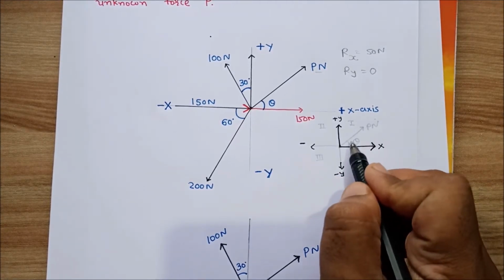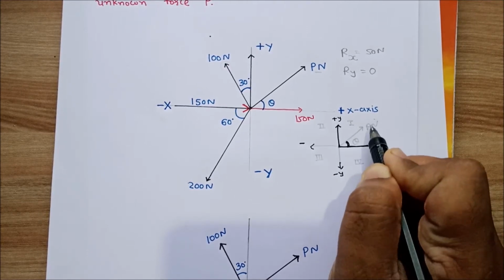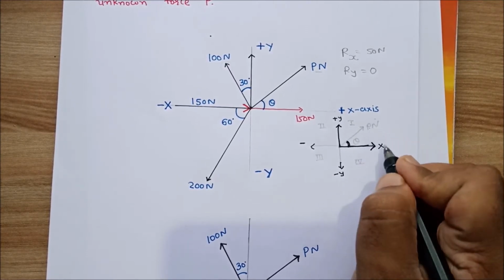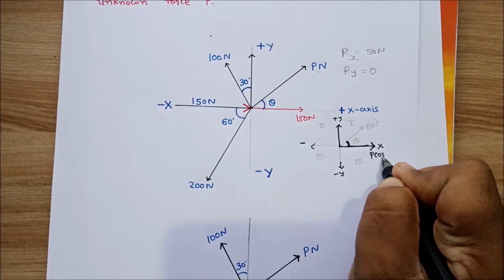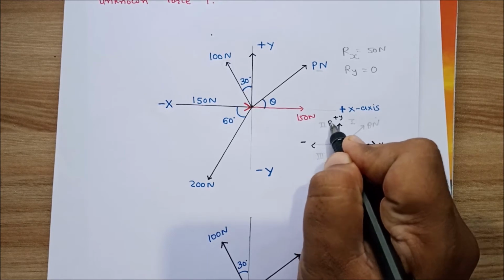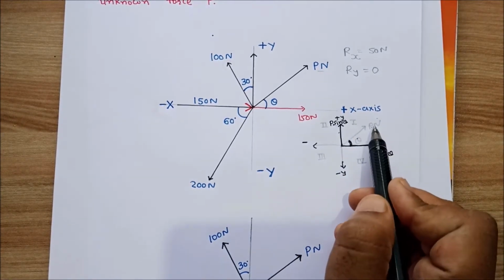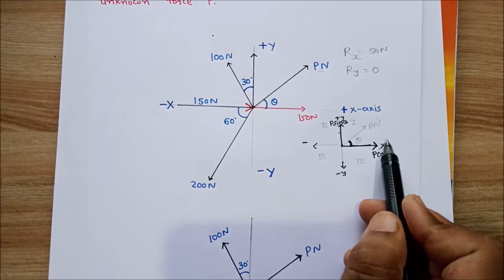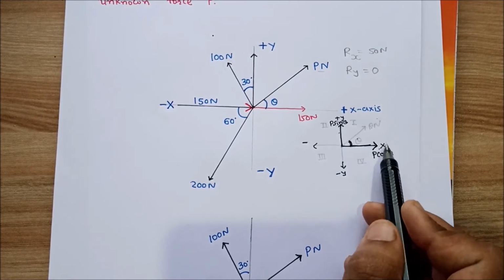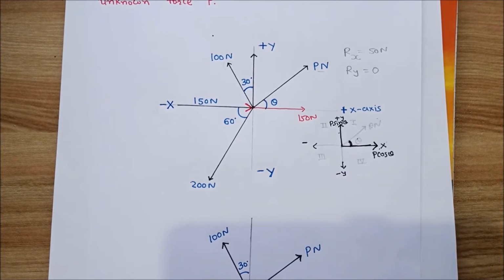First the horizontal component: this is the side adjacent to the angle, and the adjacent side is always cos. So P cos theta. This is the side opposite to the angle, so this component is P sin theta. So the components of this inclined force P are P cos theta, acting along the positive x-axis, and P sin theta, acting along the positive y-axis.